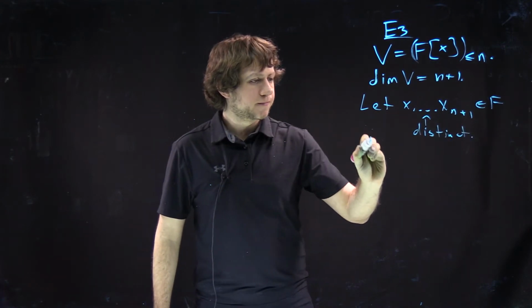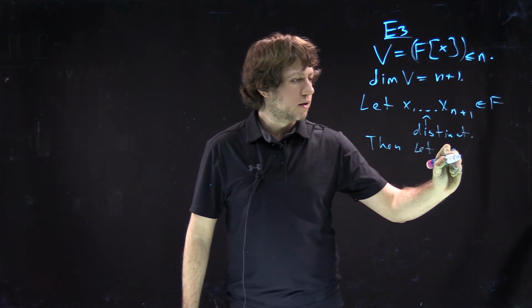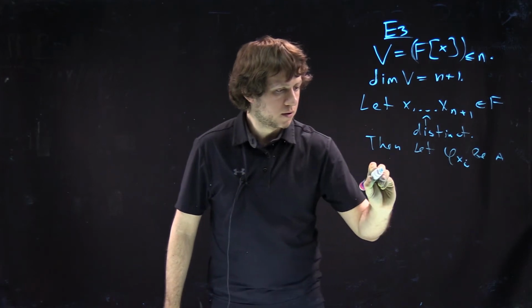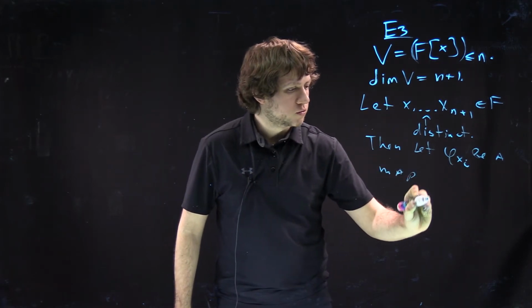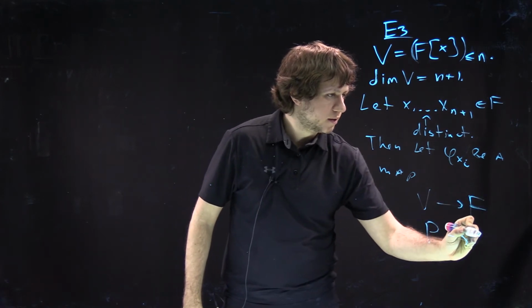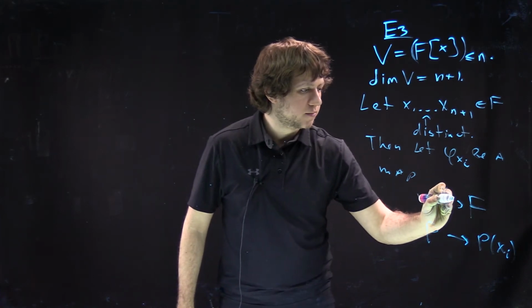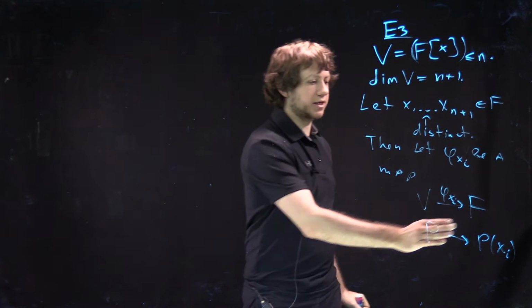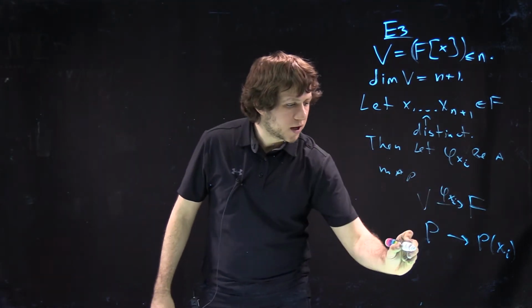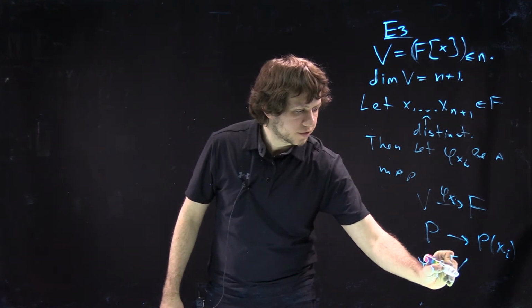Then let phi_{xi} be a map from V to F, which just takes a polynomial and plugs in this point xi. That's the most canonical, nice example of a linear map. Just plug in a point. And of course, since it's a map from V to F, this phi_{xi} is inside V star.